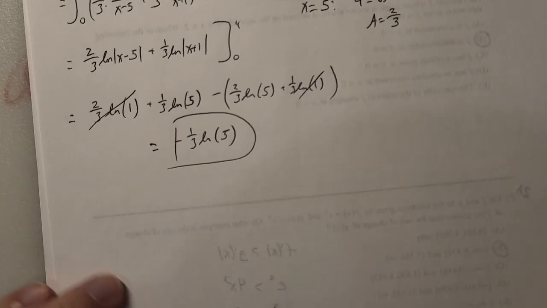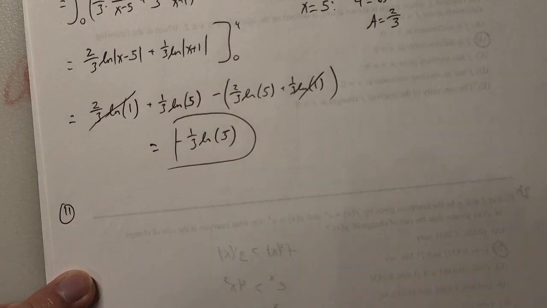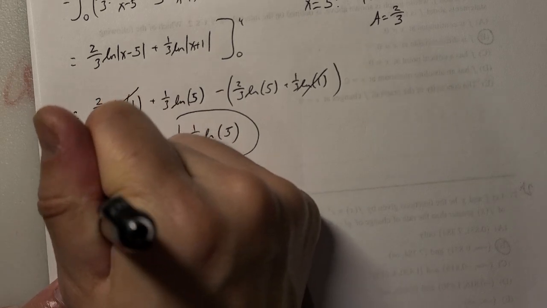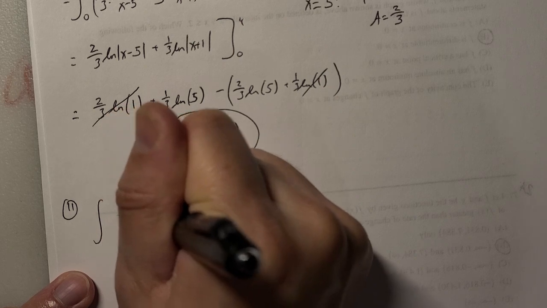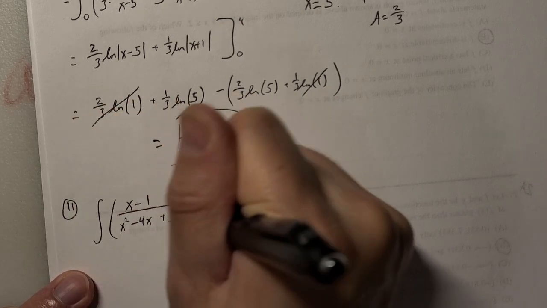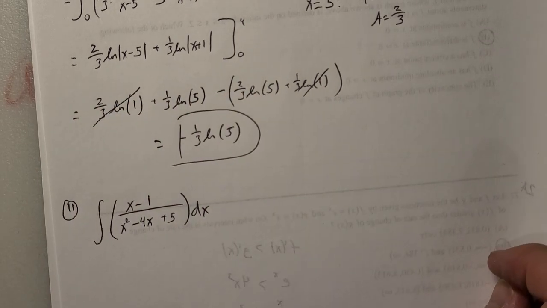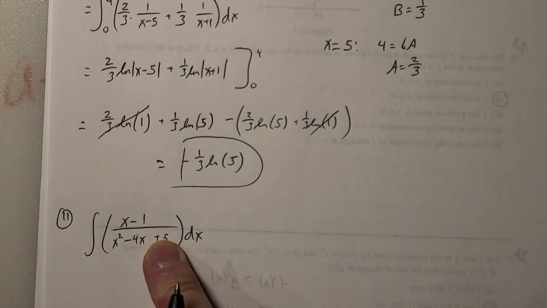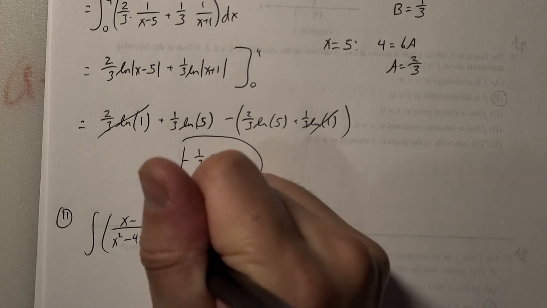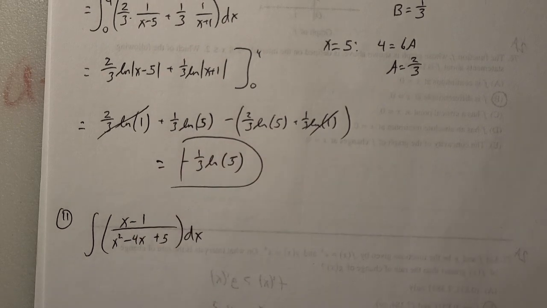Okay, the next problem looks very similar, and I'll probably call it a part after this one. The integral of x minus 1 over x squared minus 4x plus 5 dx. Okay, so instead of a minus, we have a plus. It looks very similar, but this plus makes the bottom not factorable.